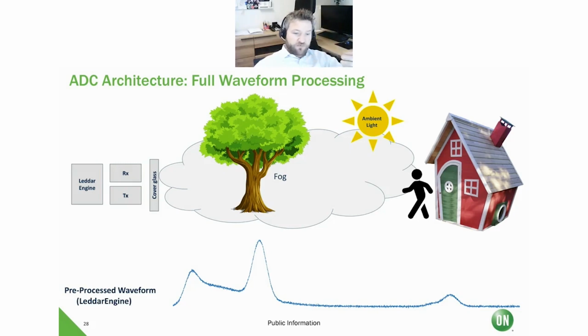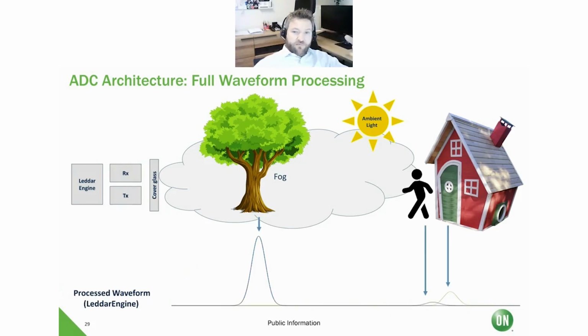Out of these shapes, we are able to reconstruct what was really in the field of view. That's why we see this as a significant improvement, because with full waveform processing we can compensate for imperfections, which you will always get in any field of view.